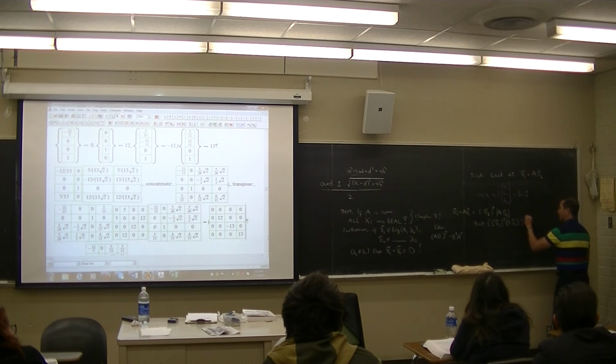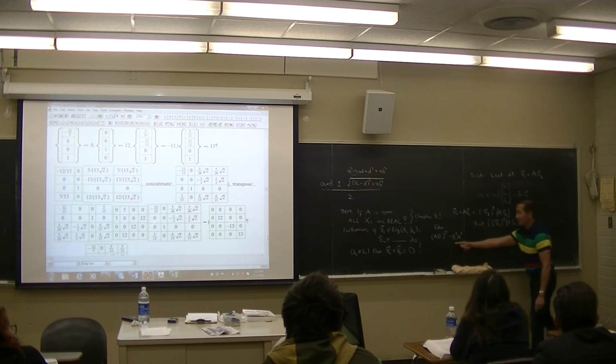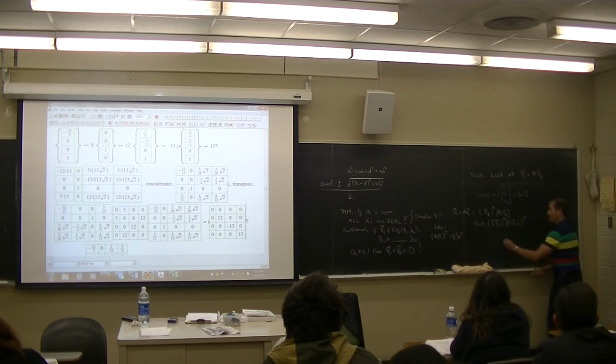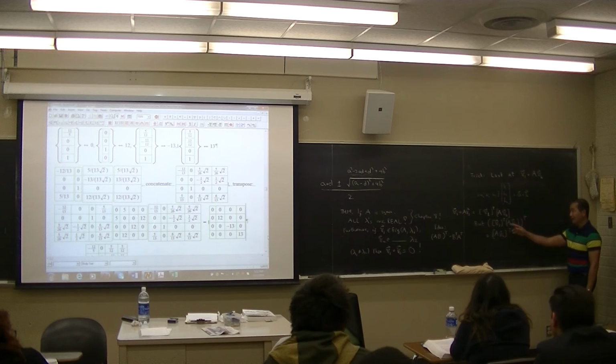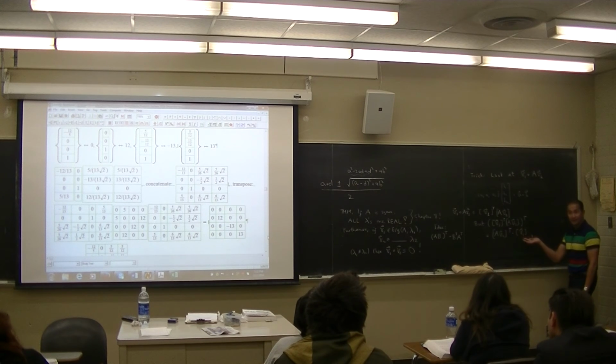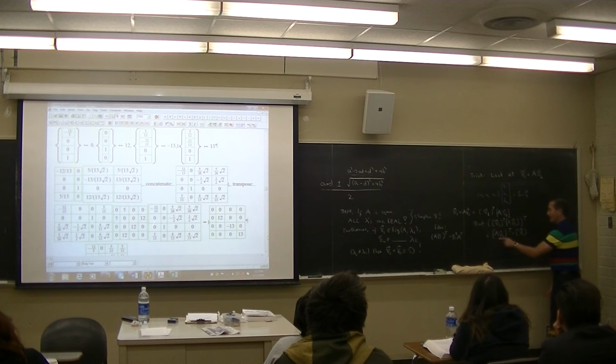Take that product and transpose it. Now you apply this formula. It's v2 transpose A transpose, then times v1, because the double transpose is itself. And now you do it again. What is (Av2) transpose? v2 transpose times A transpose, times v1.